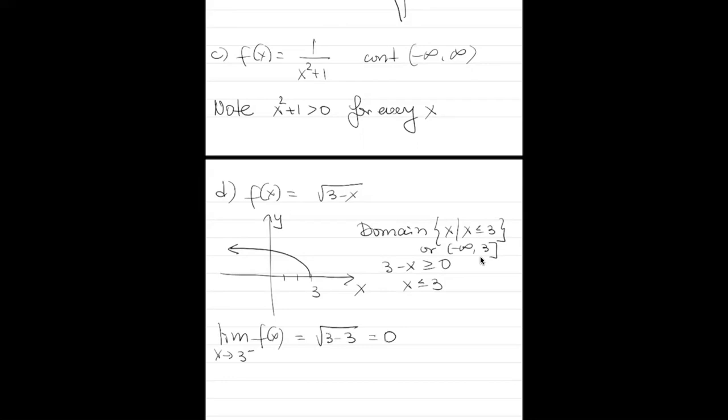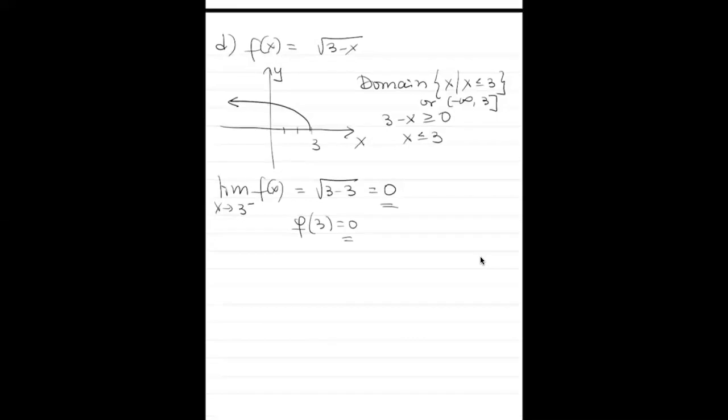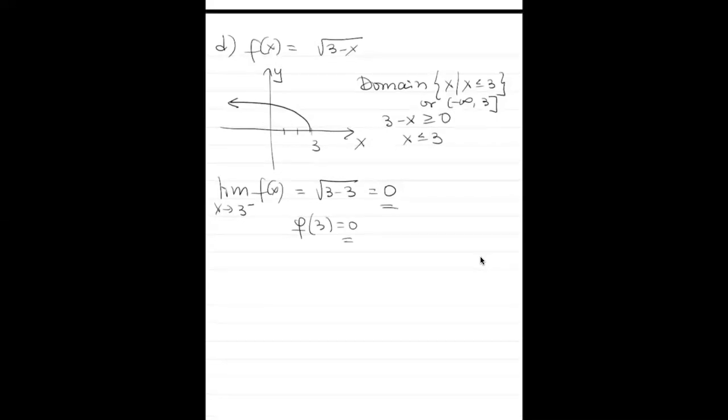So the limit exists, and it's equal to, let's write down what is f of 3. f of 3 is 0, so these two are equal. We have the three conditions for continuity, so we can say f is continuous on its domain from negative infinity to 3. And this concludes the video.